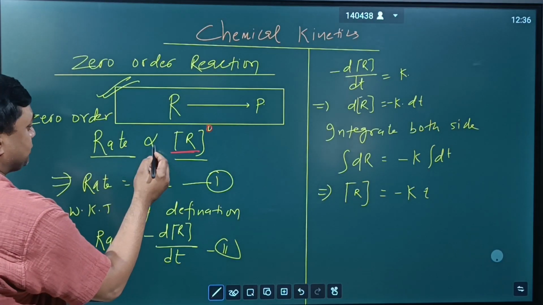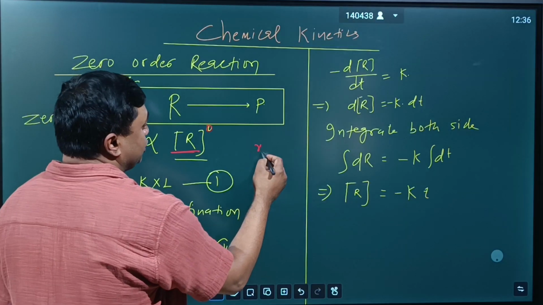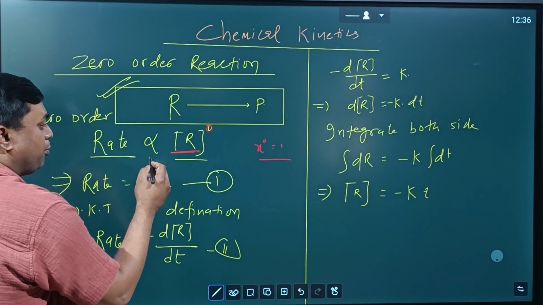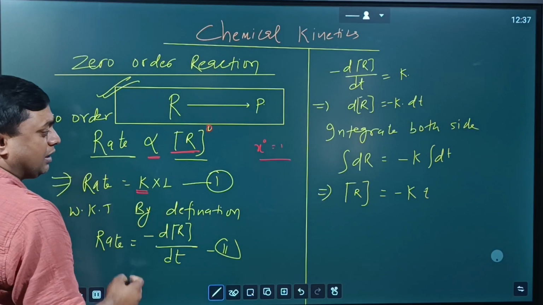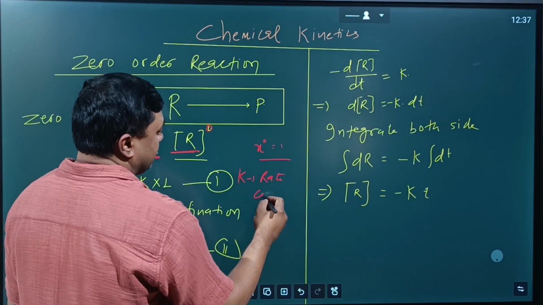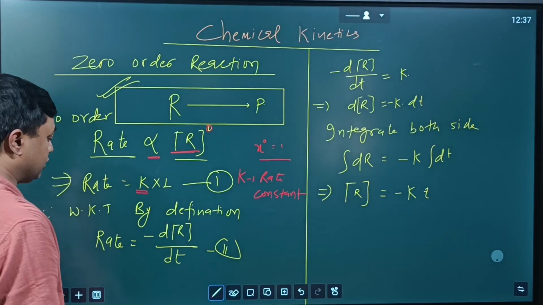Or when you remove the proportionality, you have to put a constant, rate is equal to K into R to the power 0. Anything to the power 0 is 1, so we can write R to the power 0 is 1. When you are removing the proportionality, we have to put a constant K, which is nothing but a rate constant, or also called velocity constant.